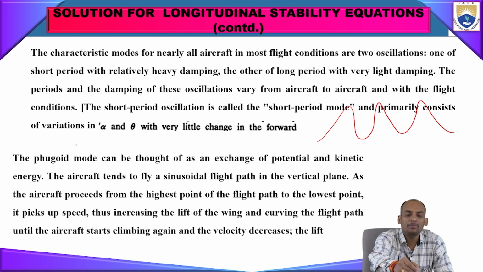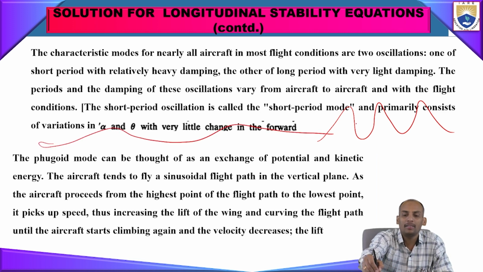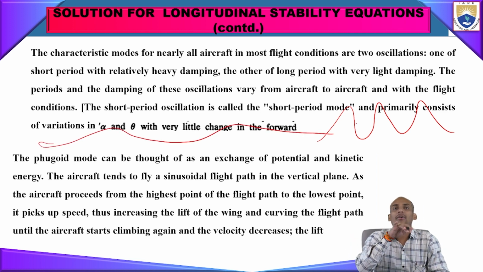A long period oscillation has a very long range, and the damping is very light. The periods and damping of these oscillations vary from aircraft to aircraft and with the flight conditions.